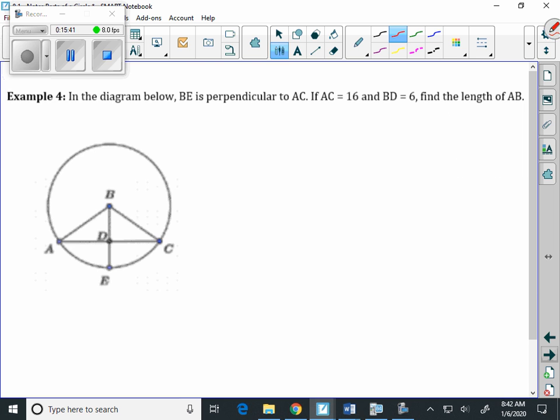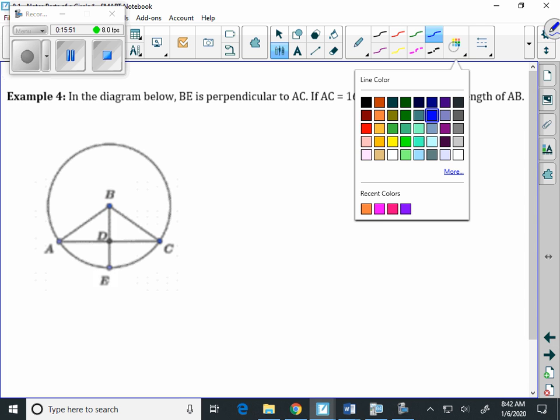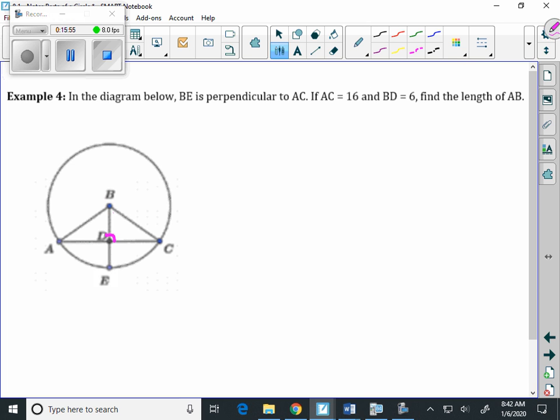So if we look at an example to finish, it says in the diagram below, BE is perpendicular to AC. So this is, and I want a different color here, this is a right angle here. And it says AC is 16.